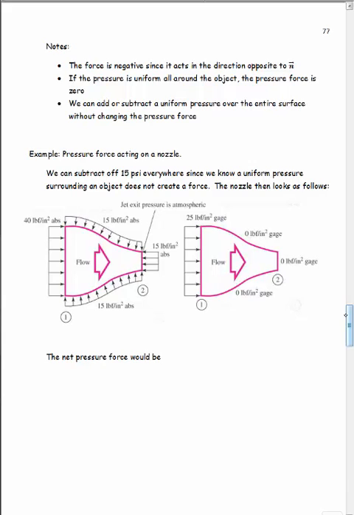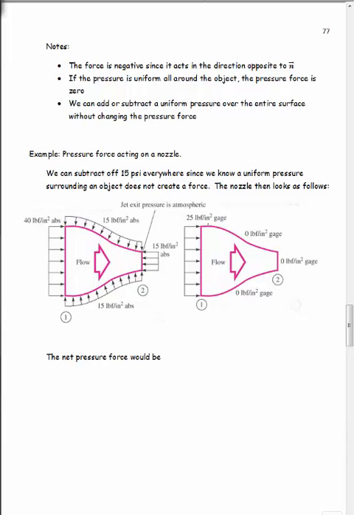Okay, so for example, if we have the force on a nozzle like this, so we have absolute pressure here on the left-hand side, and then atmospheric acting everywhere else, what we can do is subtract off that atmospheric from everything, and what we're left with is just gauge pressure. Okay, so same kind of thing.